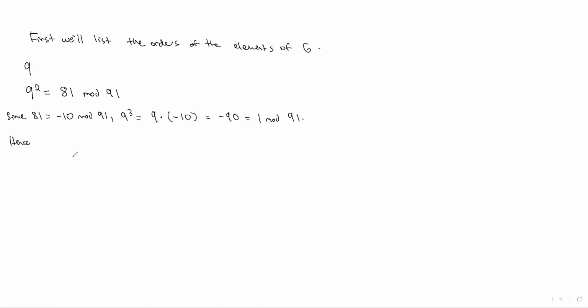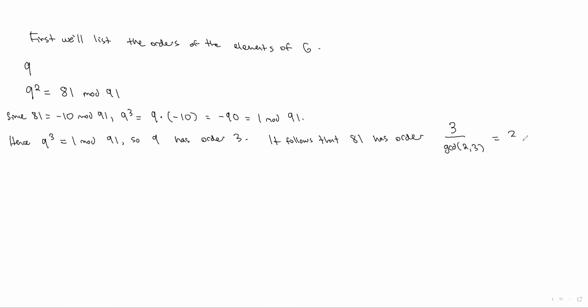Otherwise, you could just do 9 times 81. So 9 cubed is equal to 1 mod 91, so 9 has order 3. And then it follows that 81 has order 3 over gcd(2, 3), which is 3.